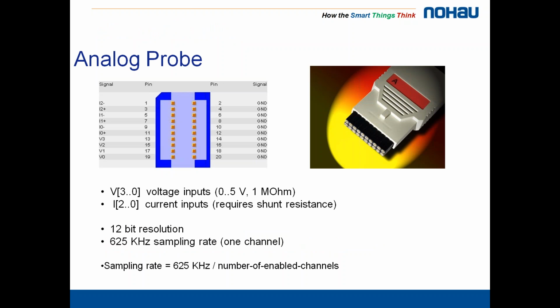So we need to attach an analog probe. With the analog probe, we are able to measure 4 different voltage inputs, and we are able to measure 3 different current inputs. It has a 12-bit resolution and a sample rate of 625 kilohertz.